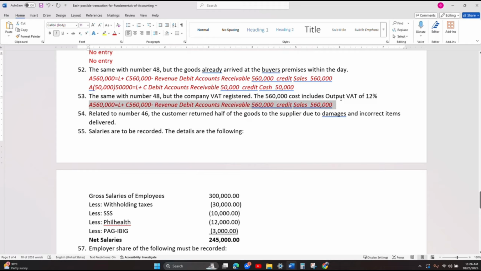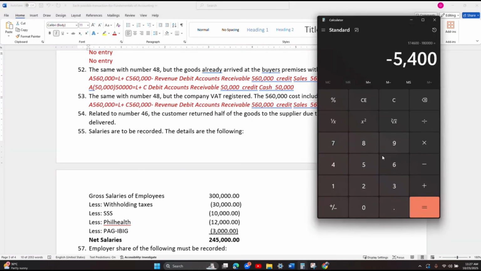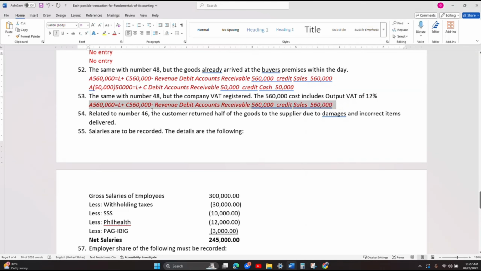Where is the twist? The twist is this output VAT. So you have to get first the amount without the VAT. So 560,000 divided by 1.12 gives 500,000. So meaning the VAT is 60,000.